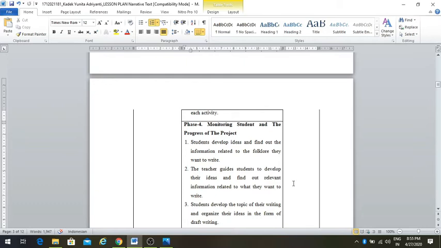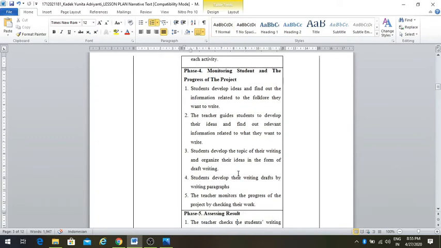Then after finishing the draft, the teacher checks the draft and gives feedback. So here, in the pre-writing, they only develop their ideas and then make a draft writing.